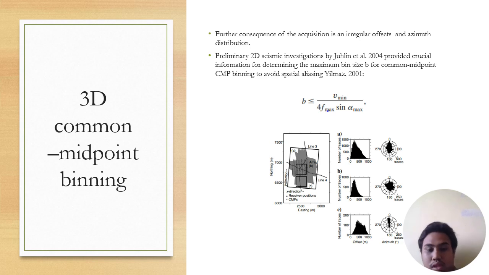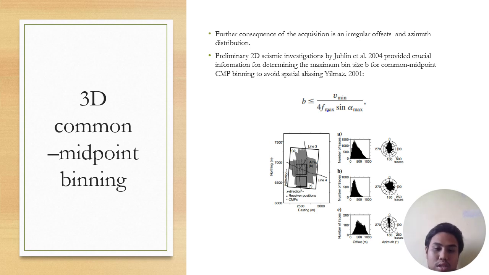As you can see, the formula we use in the binning process is Vmin over 4 times frequency max times sin alpha max, where Vmin is the minimum velocity, frequency is the maximum frequency, and alpha max is the maximum dip angle, used by Yilmaz 2001. They take from Yilmaz 2001 to compute all the data.